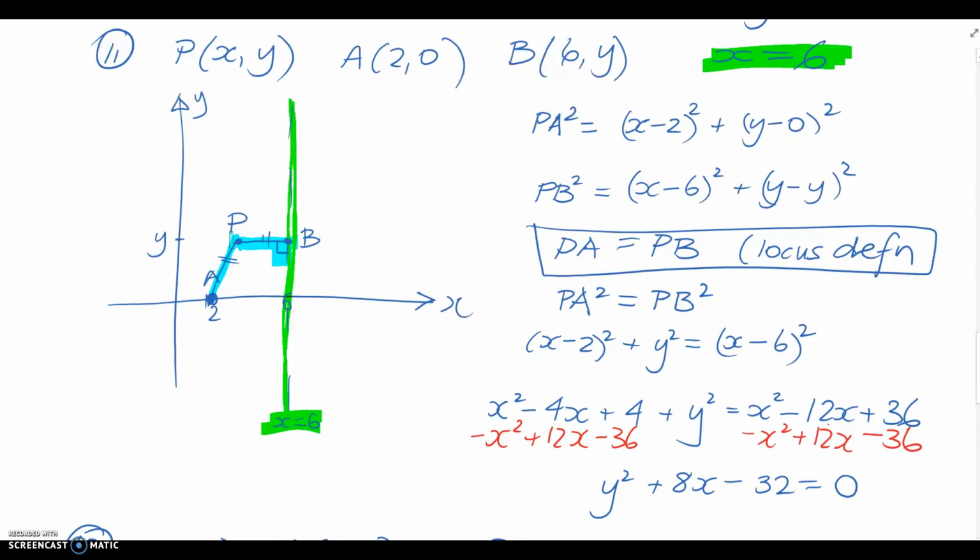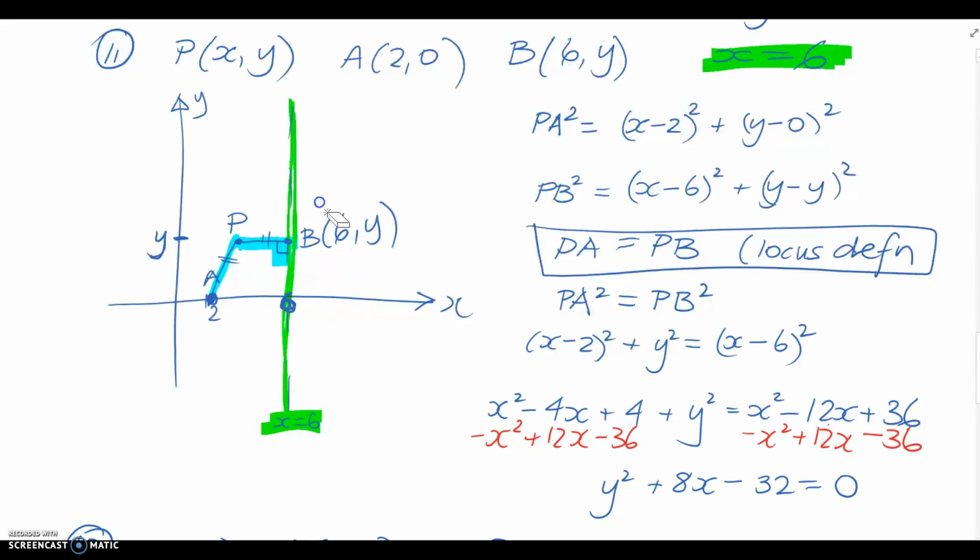So that means that I can get the coordinates of B. B is going to be (6, y). Can you see why it's (6, y)? Because it's 6 along here on the x-axis, and y, I don't know, so I'll just call it y on the y-axis. So it's got coordinates (6, y).